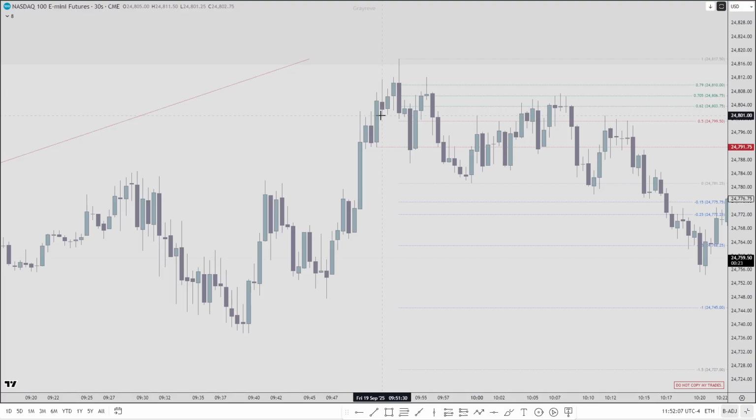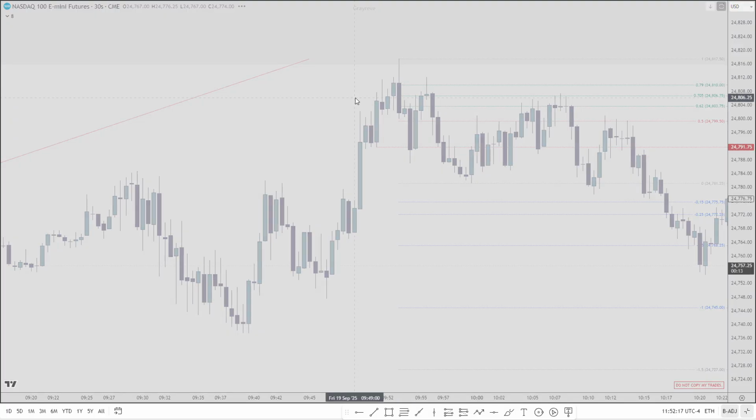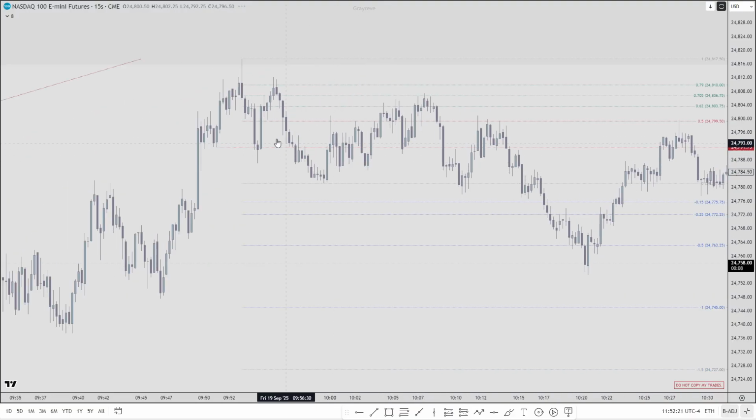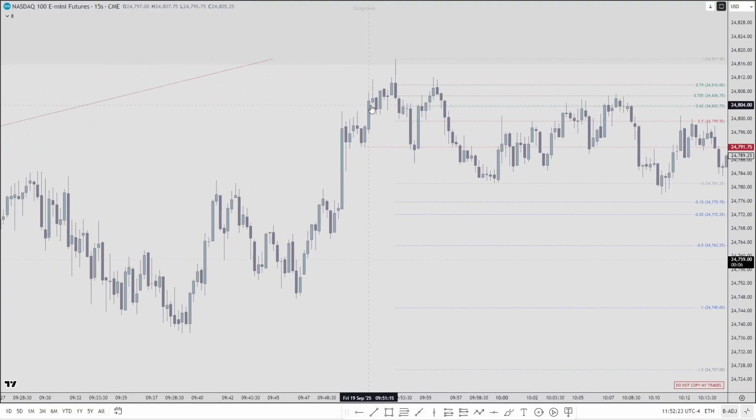So there must be some form of a breaker here or a fair value gap here, which led to an attack on this swing high. So dropping down further on the 15 seconds, right here we have our very first inversion fair value gap, which was utilized to take out this short-term high into the range extreme.